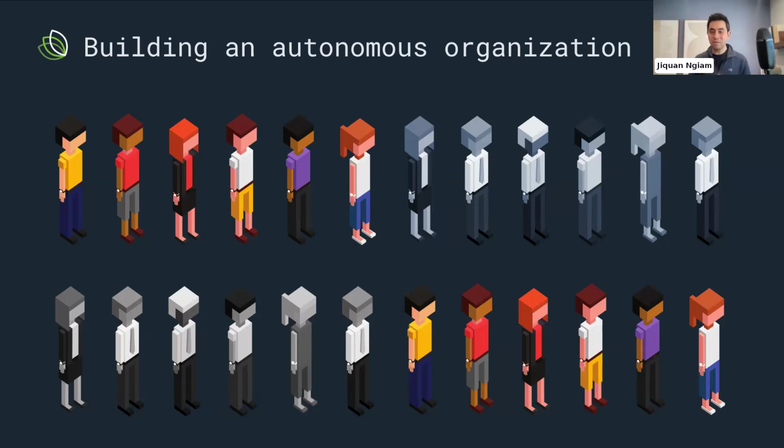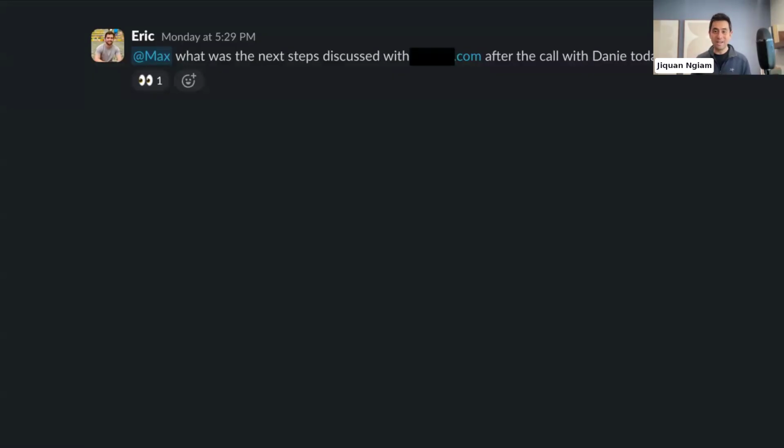Just to give you a little sense of how that operates, I want to show you a bit about how we work today, and then this will come back into the MCP parts in a second. A lot of the bots we work with today, the agents in our company, actually run in Slack. Eric is one of the AEs on my team. He's a human.